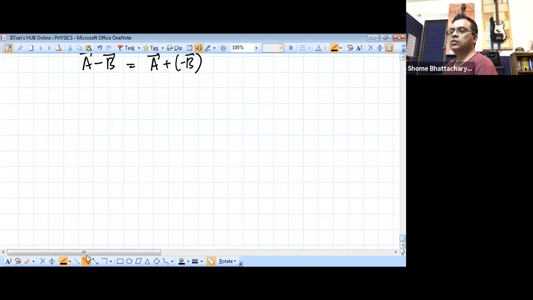So if this is the vector A and this is a vector B, such that the angle between them is theta, then as we discussed in that example earlier, minus B is the vector which is opposite to B but of the same magnitude.